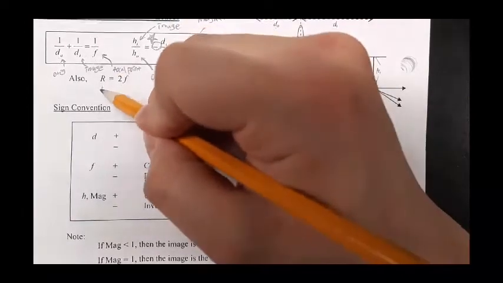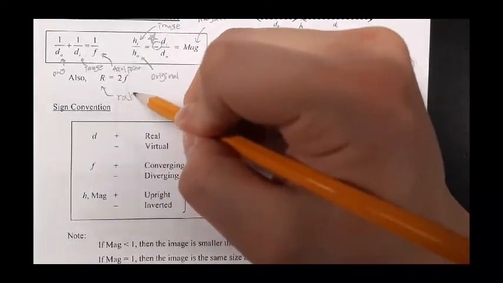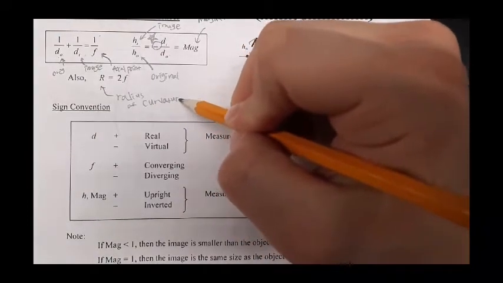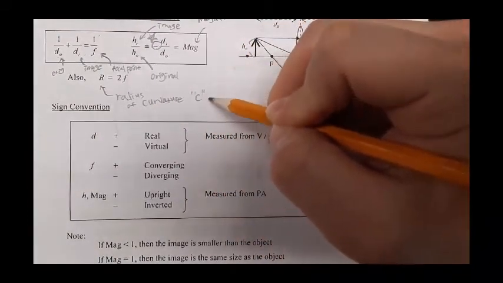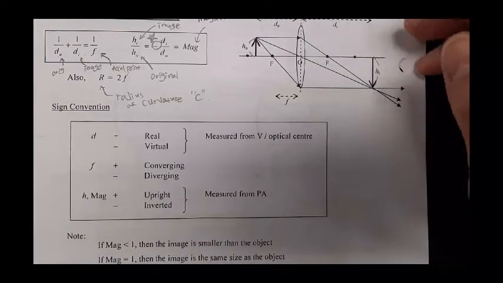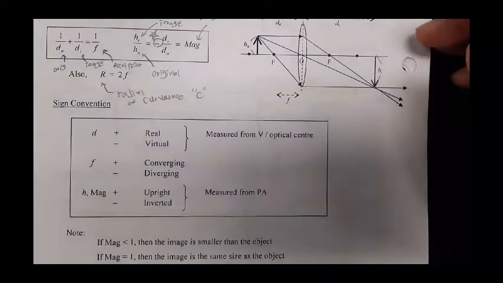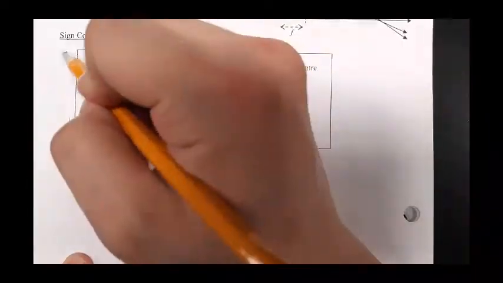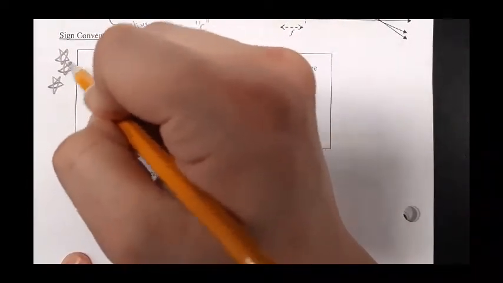And when it comes to R, this is the radius of curvature. From the previous lesson, this was represented by the distance C, which is double the distance of F. Now, sign convention. This is really significant.